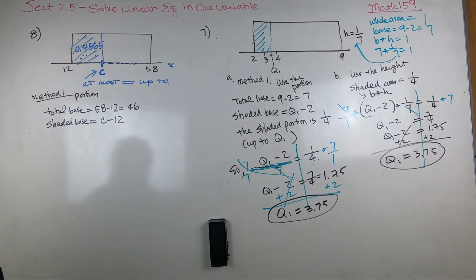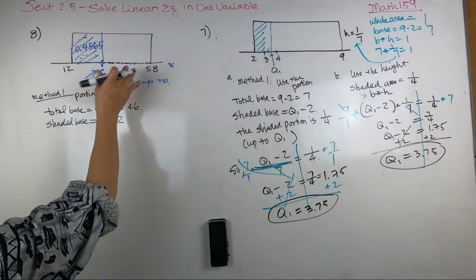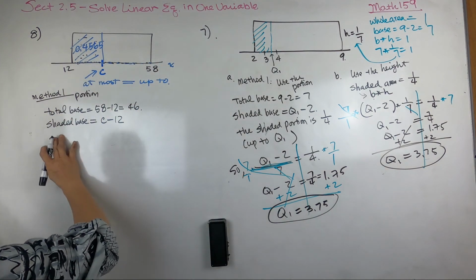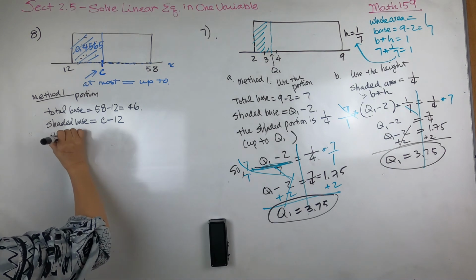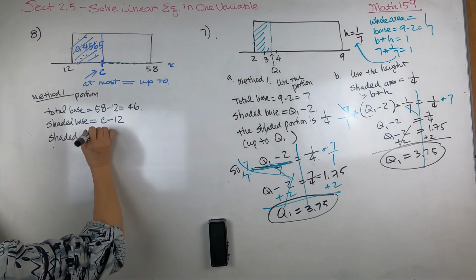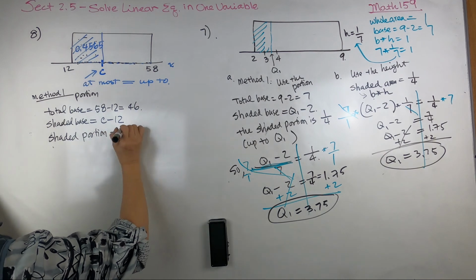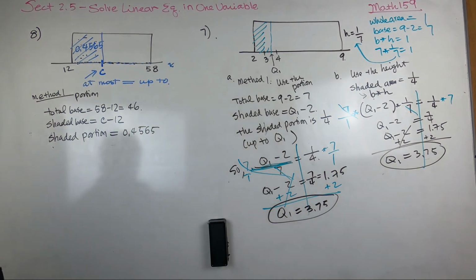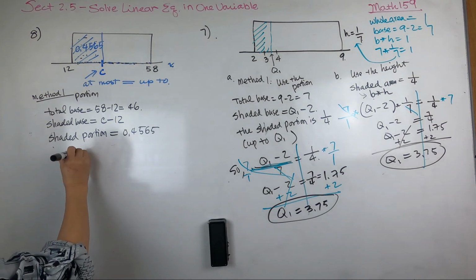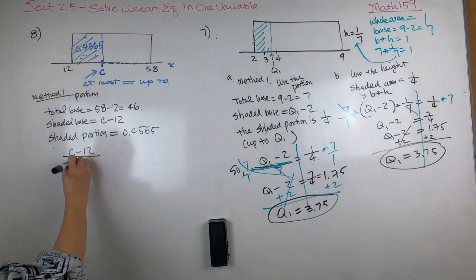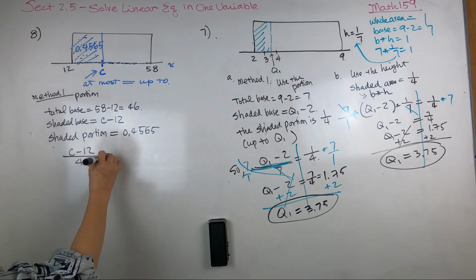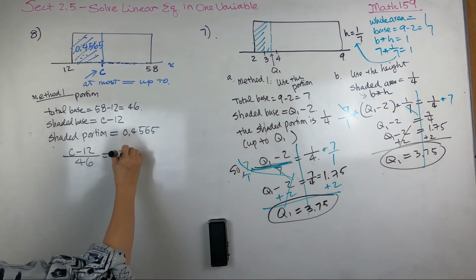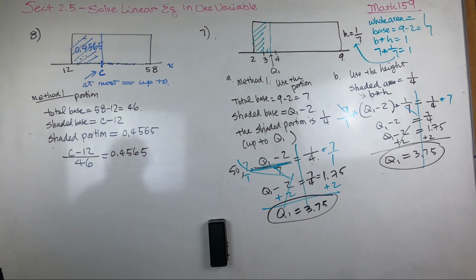By portion, the shaded portion compared to the whole portion is 0.4565. So we do shaded base over total base, which is the shaded portion. That's how we do it.